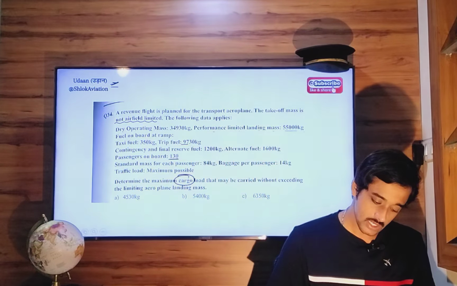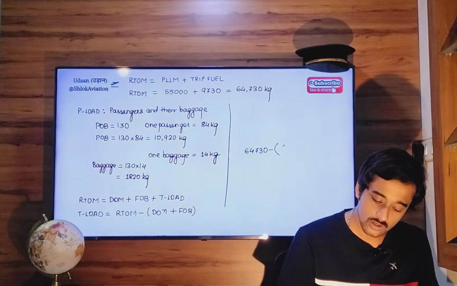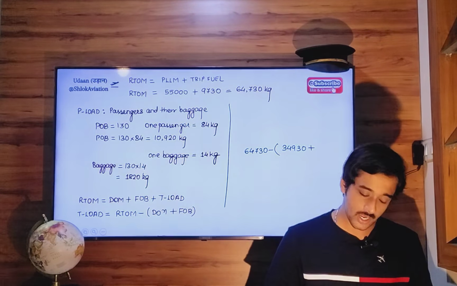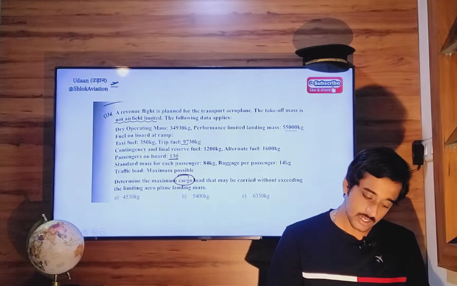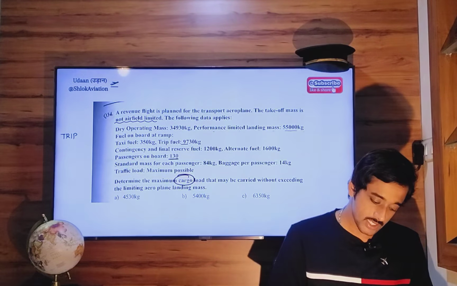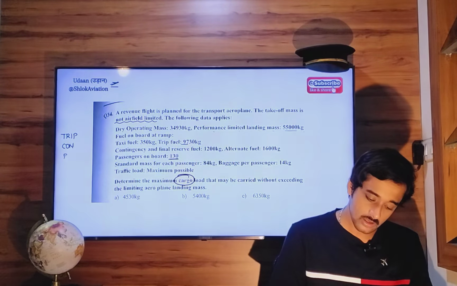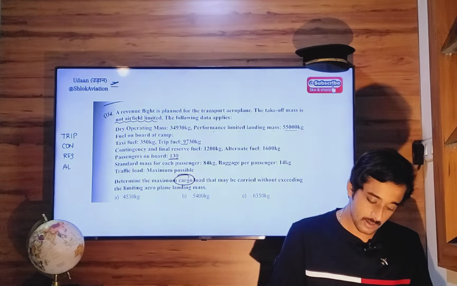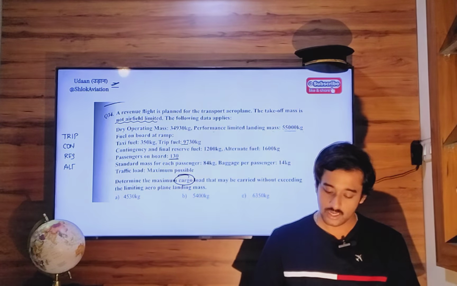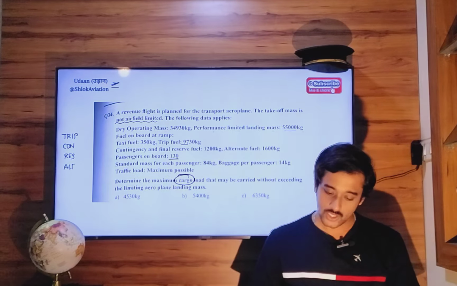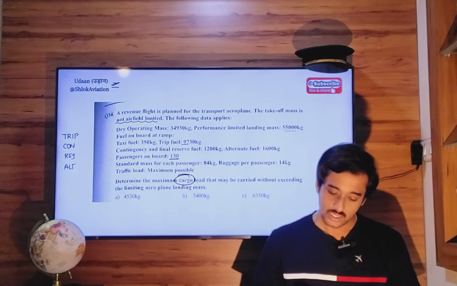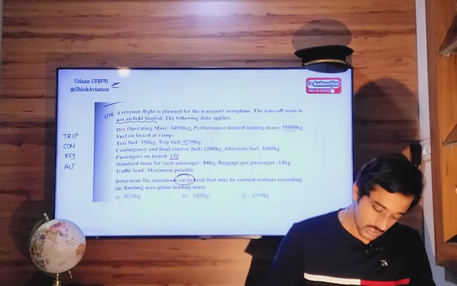DOM is 34,930. Fuel on board or takeoff fuel is trip fuel plus contingency reserve fuel plus alternate fuel. So everything except taxi fuel. So 9,730 plus 1,200 plus 1,600 is 12,530.